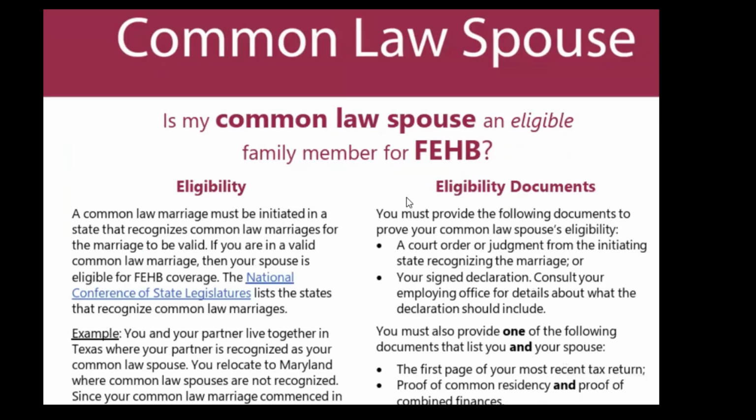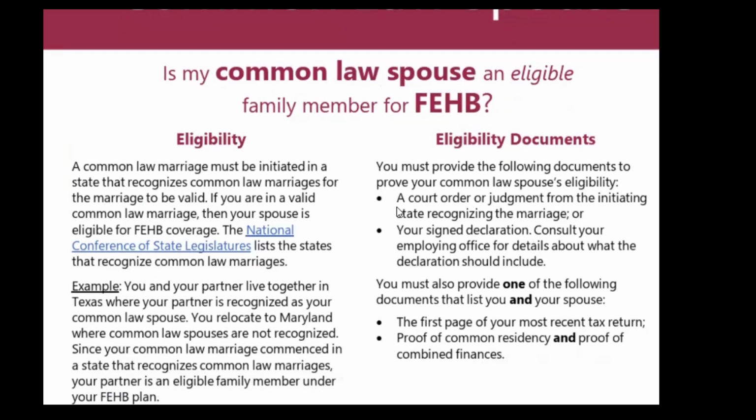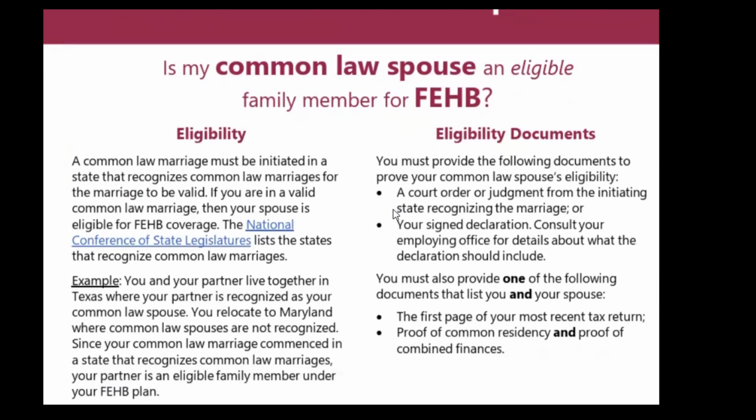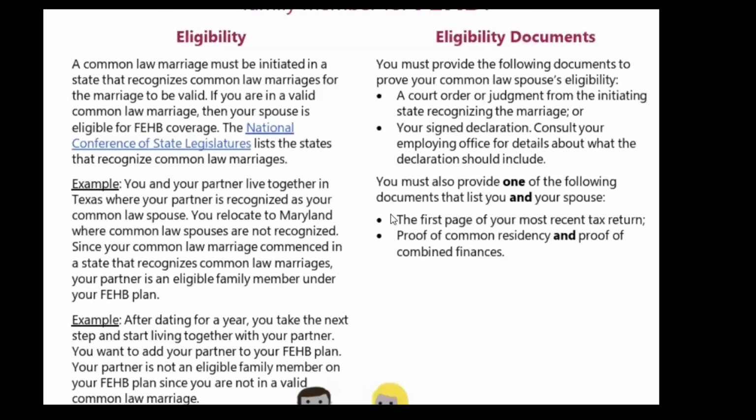One is that your marriage has to be initiated in a state that recognizes common law marriage. And then you also have to provide documentation to prove that you are commonly married. One of those is that your financials have to be together, and people refer to you as married, that sort of thing.